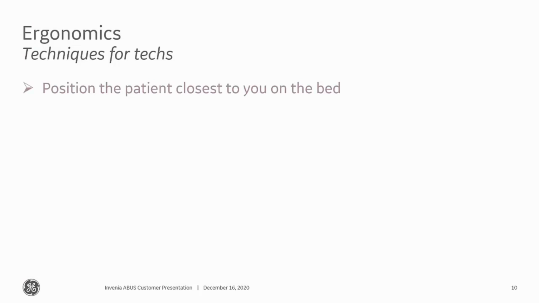Position that patient closest to you on the bed and bring them close just even before you start positioning them with the wedge. Just have them scoot close to the edge, pretty much right on the edge. Just let them know you're not going to let them fall off, and just be real close to them there. That will help you from not having to reach too far.